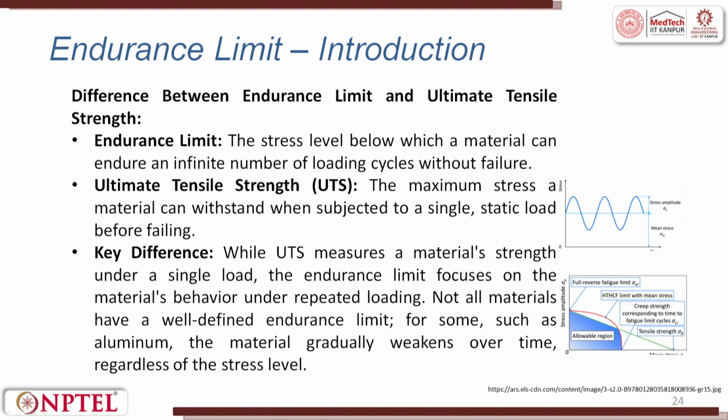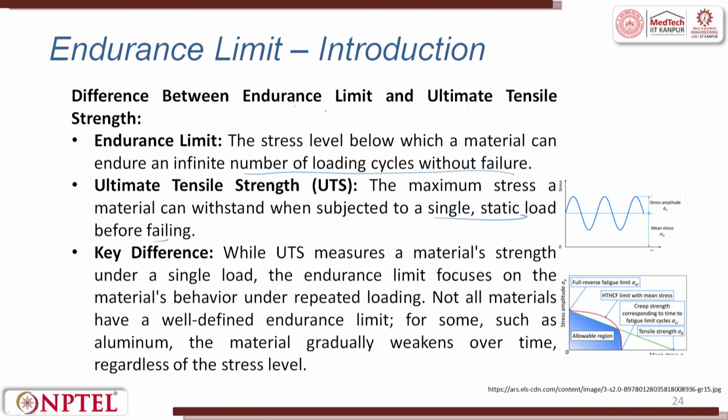There is a difference between endurance limit and ultimate tensile strength. Endurance limit is the stress level below which the material can endure an infinite number of loading cycles without a failure. The ultimate tensile strength is the maximum stress a material can withstand when subjected to a single static load before failure.